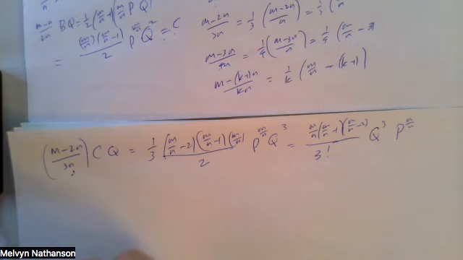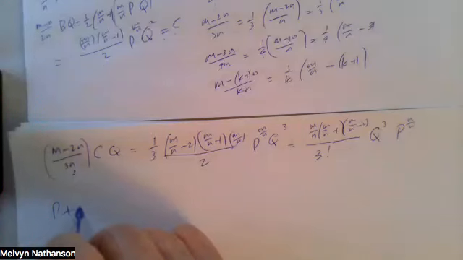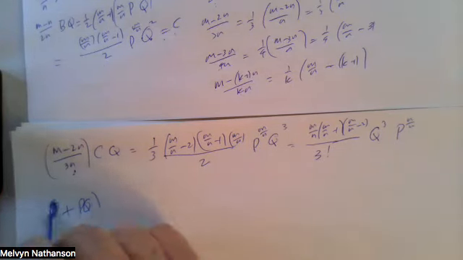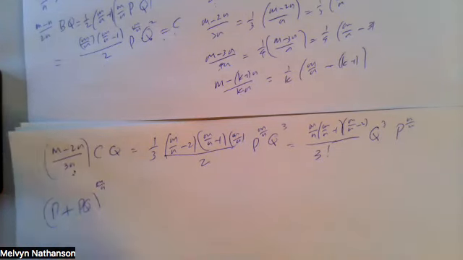So this is what we get when we're expanding (p plus pq) to the m over n.